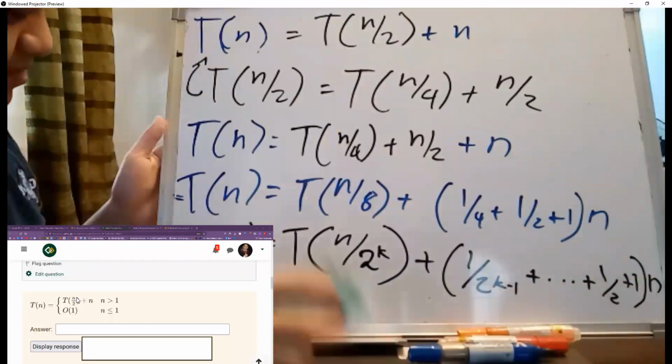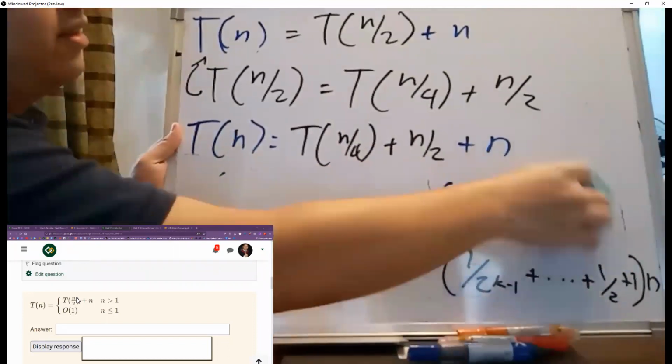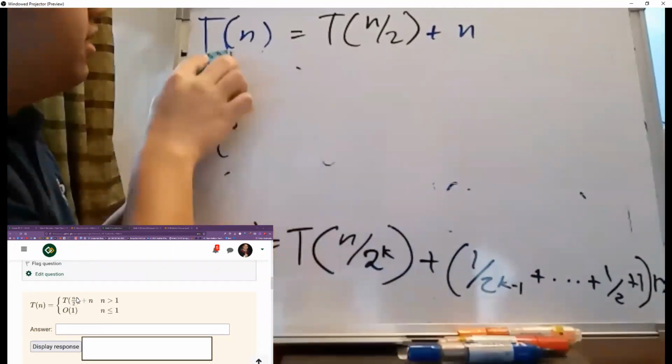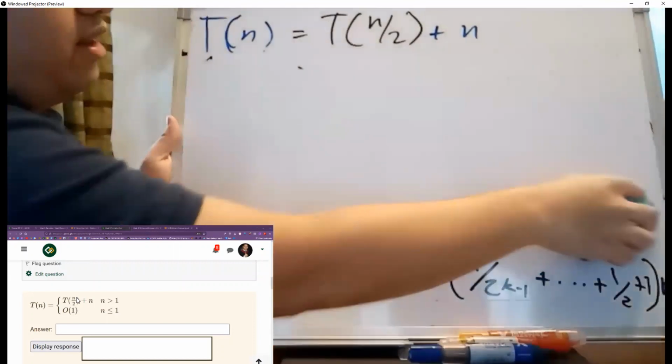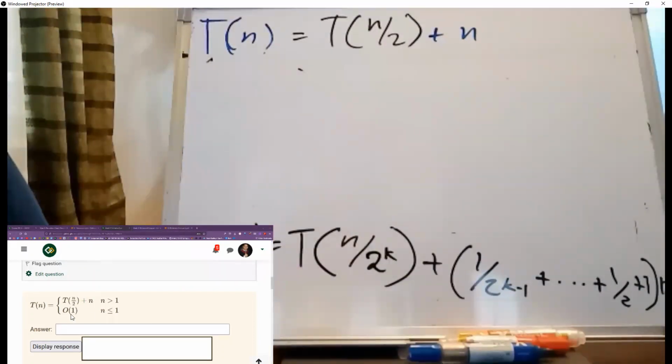So ayun, so what's next here is that alam natin dun sa ating recurrence relation na pag n or yung input natin kay T of n is 1, nagiging O of 1 lang siya.